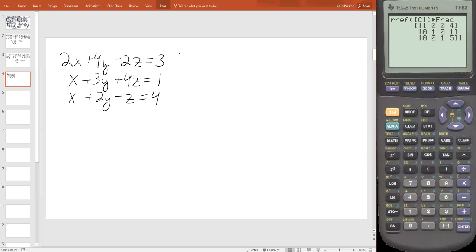Again, I'm going to write down the matrix. I'm going to put that in as 2, 1, 1, 4, 3, 2, -2, 4, -1, and then my constant values, 3, 1, and 4. Okay, so let's see what this looks like.